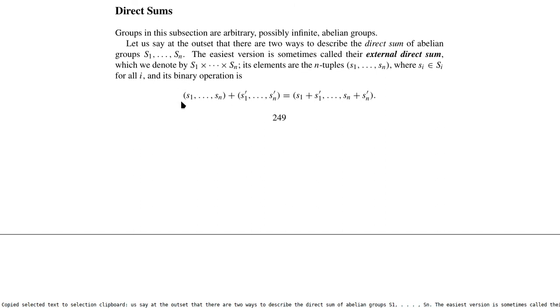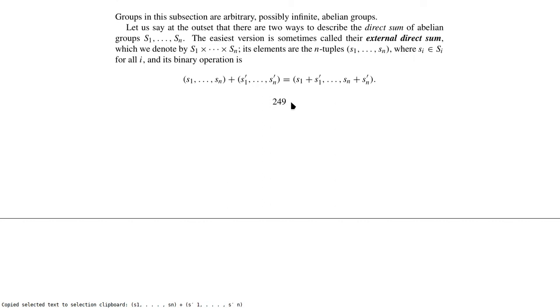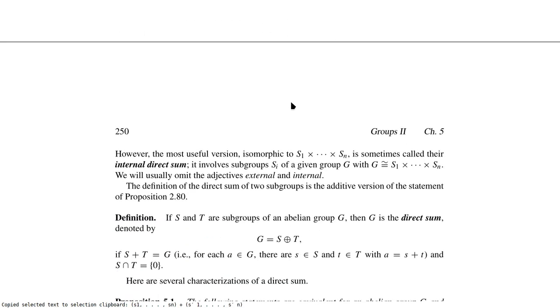The binary operation on this external direct sum is that if you take two tuples and add them, the tuple you get is just the addition of each of the components, or each of the elements of the tuples.